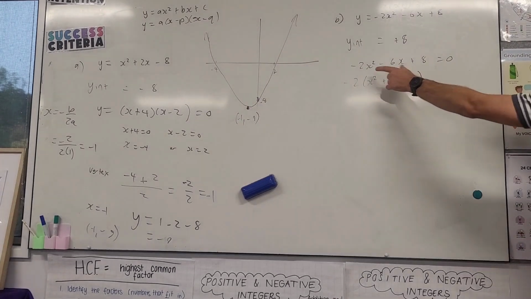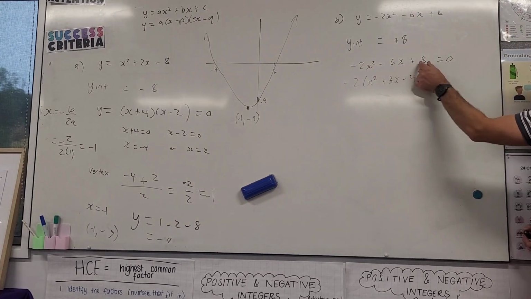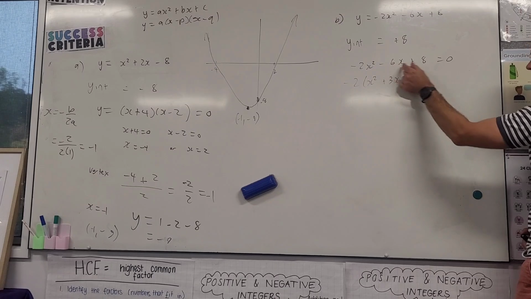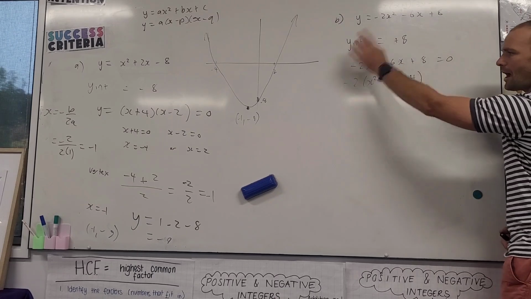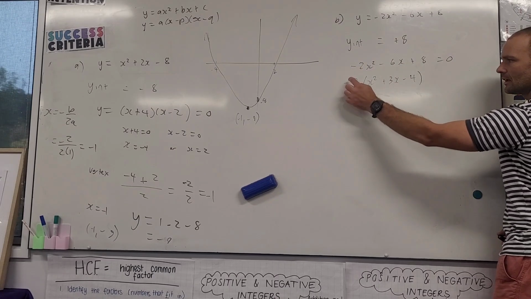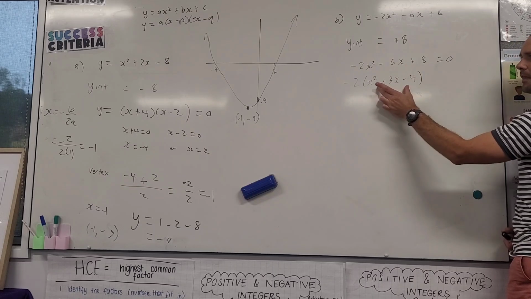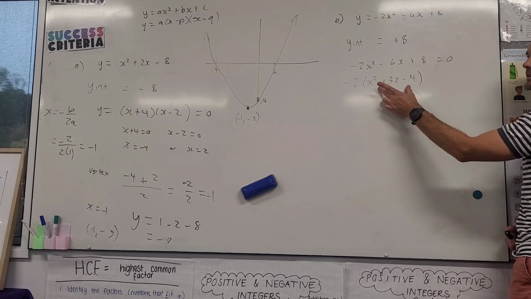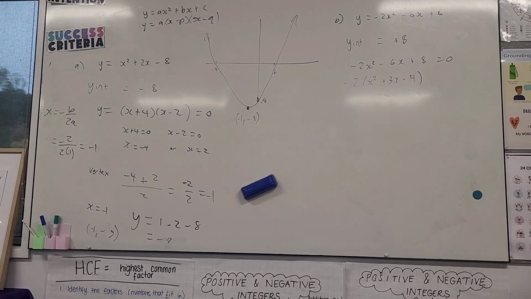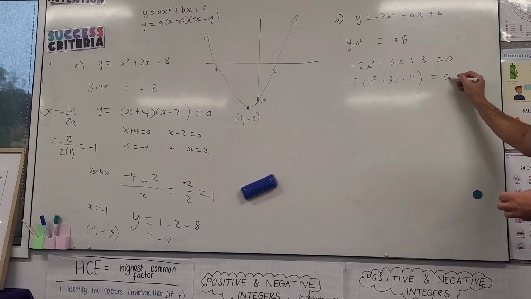I'm looking at these going, 2 is a factor of all of these terms, and so if I pull minus 2 out the front, if I now expand this, I would get exactly what we had here, but that quadratic is much easier for us to factorize than this one. If there's an easy way for us to do it, we should always look for it.